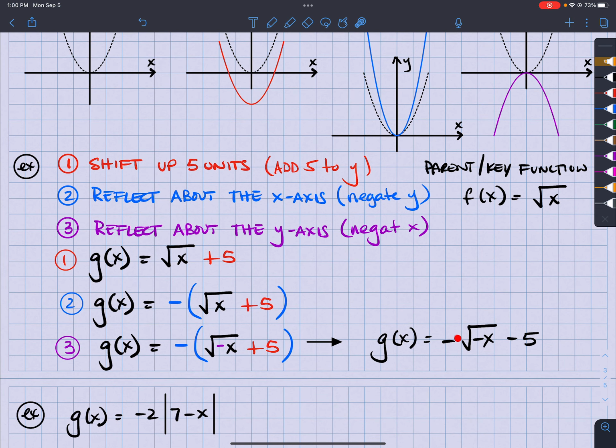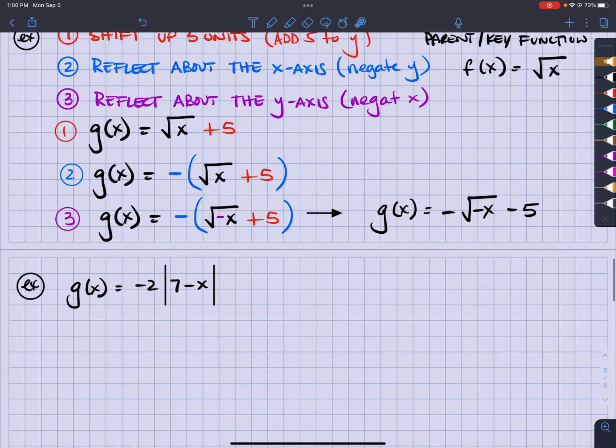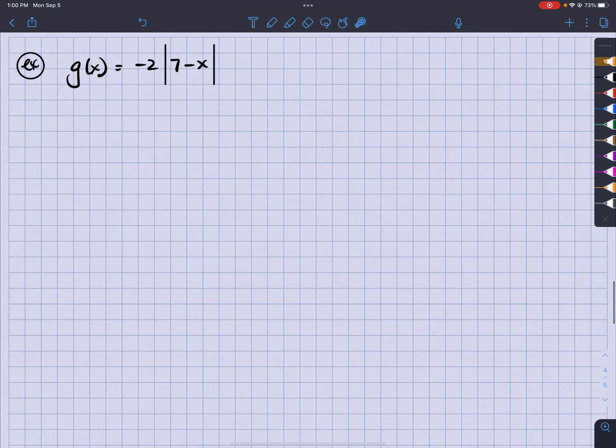If I see a radical or a square root in my transformed function, my parent function is probably the square root. And here, because I see these two signs, my parent function must be the absolute value of x.